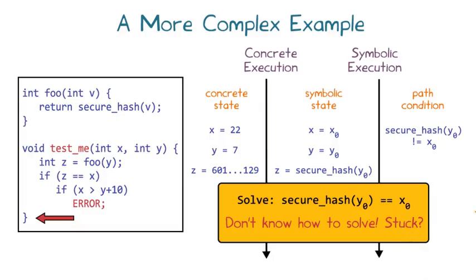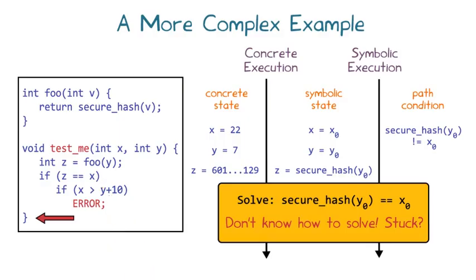This example showcases the difference between symbolic execution as previously described and dynamic symbolic execution. Recall that symbolic execution would have thrown up its hands at this point and, by default, declared the constraint secure hash of y0 equals x0 satisfiable, thereby continuing down the true branch of execution.